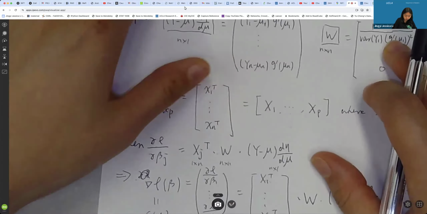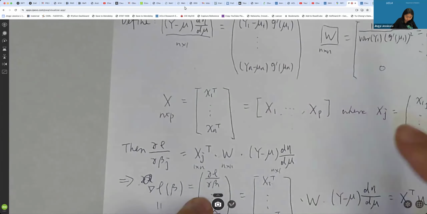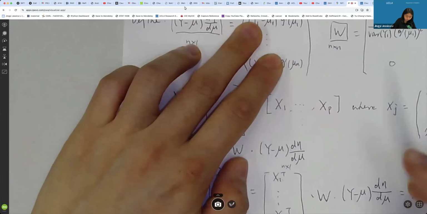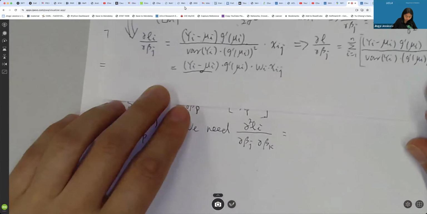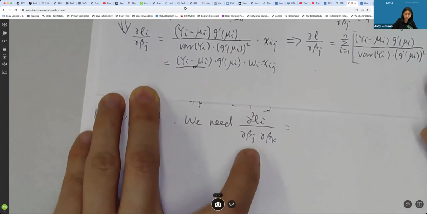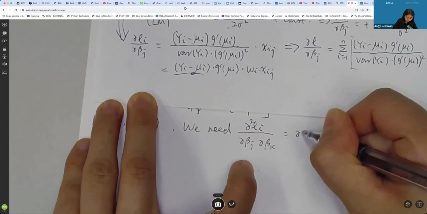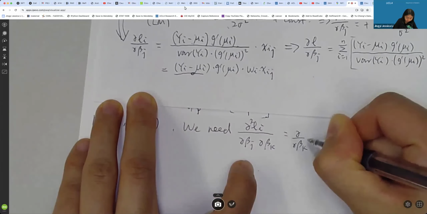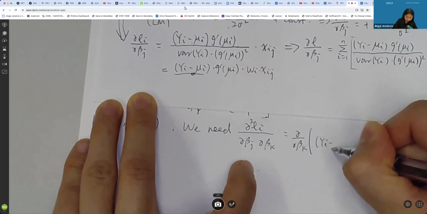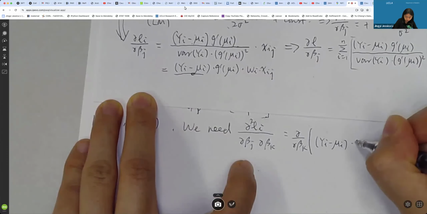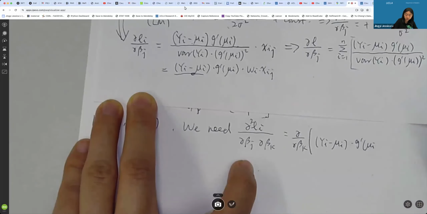So let me copy things down here. It will be partial beta k of what we have here: yi minus mu i, g prime mu i, wi, xij.